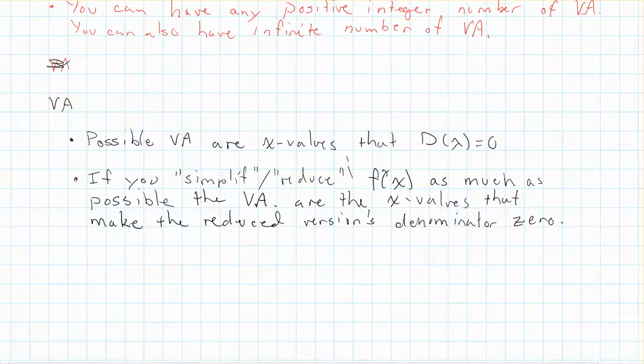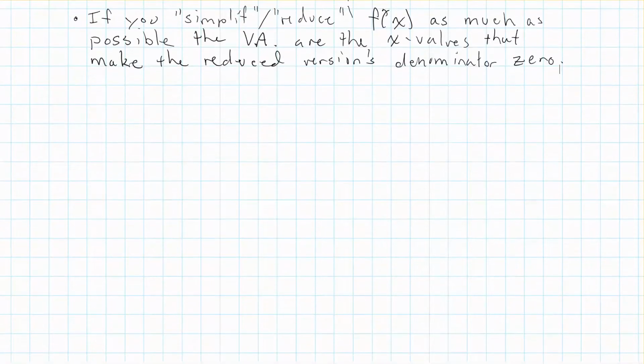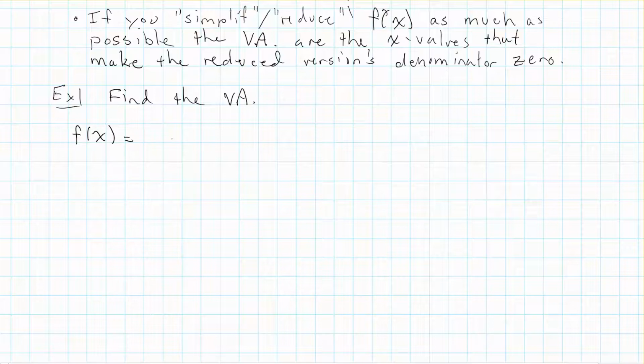So let's look at a couple examples illustrating this. First one, let's just start with an easy example. These are all going to be find the vertical asymptotes. So let's start with a fairly straightforward function, and this is x over 3x plus 1.